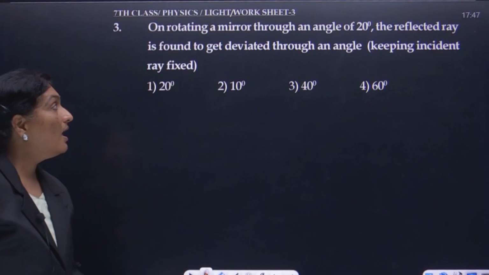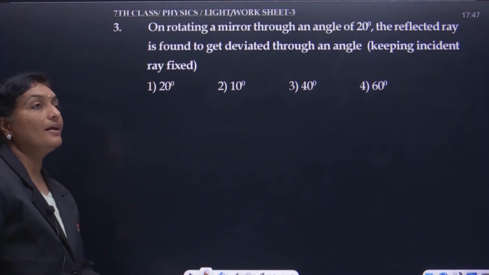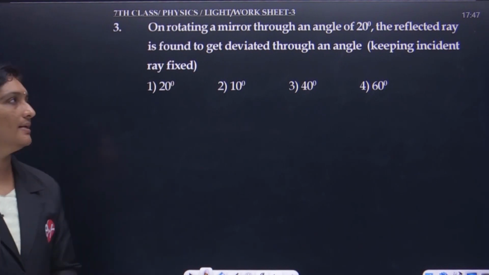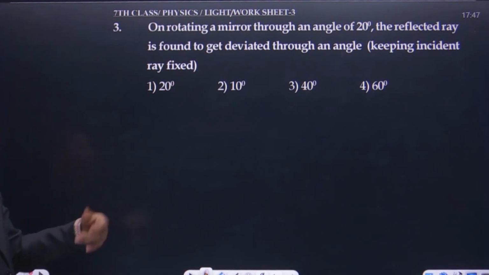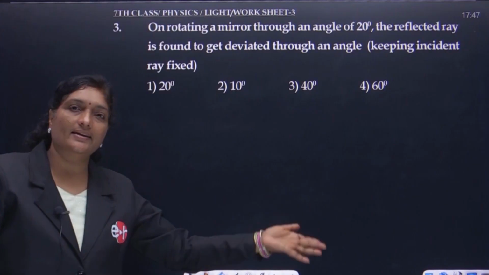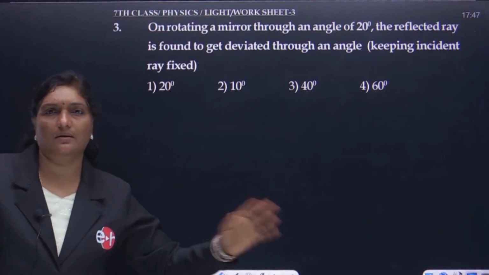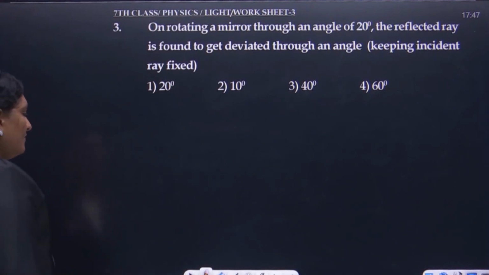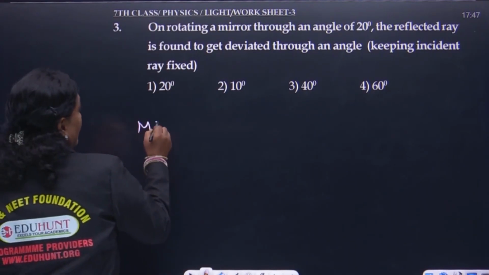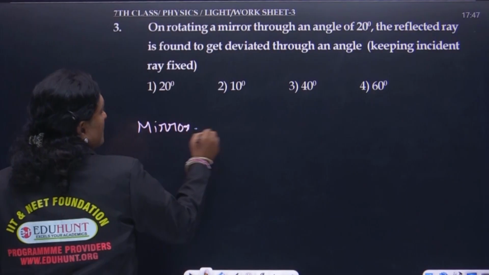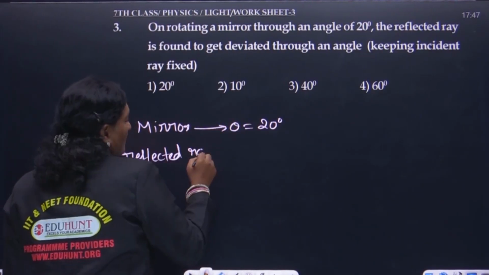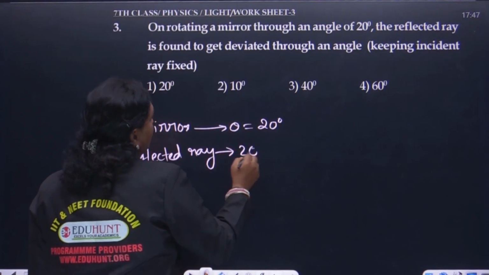What is given? On rotating a mirror through an angle of 20 degrees, the reflected ray is found to get deviated, turned or rotated, meaning the same, through an angle of, let us write down. Given that the mirror is rotated by an angle, the reflected ray must be rotated by an angle.